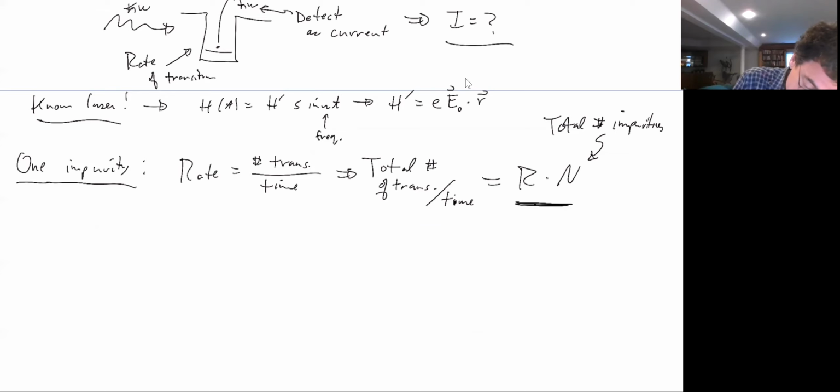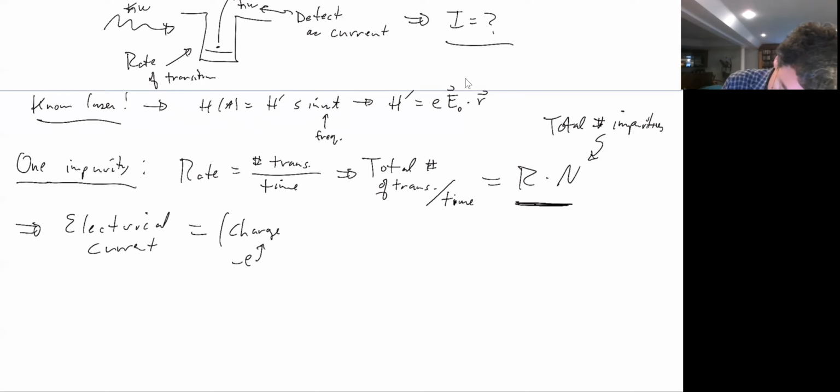Okay, so that's the total number of transitions. So that means that the electrical current that you detect is going to be equal to charge, which is minus e, per impurity, times rate for one impurity, times N, the total number of impurities.